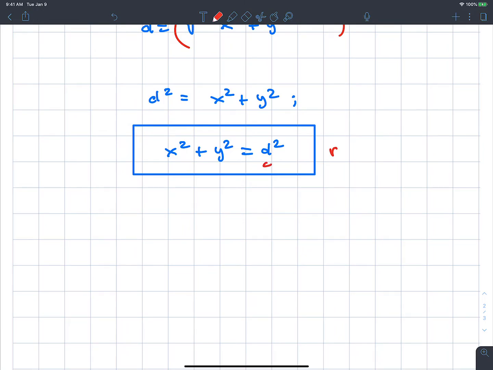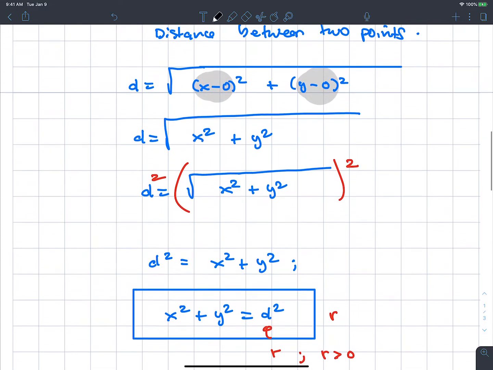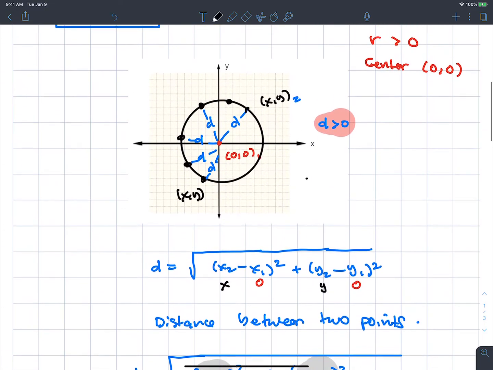So replace this d with r and say that r is positive. Ladies and gentlemen, you end up with the equation of the circle. x squared plus y squared is r squared. And that's centered at the origin with radius r.